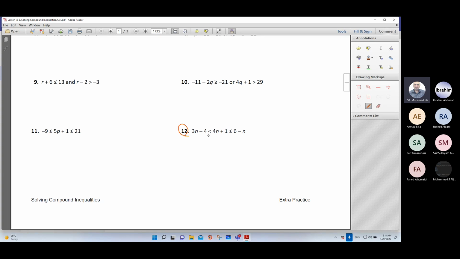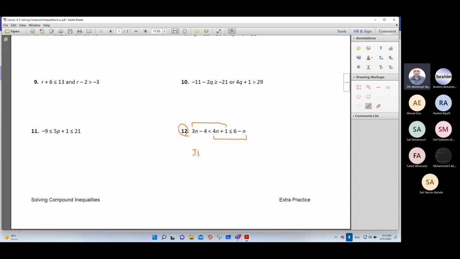Here we have compound inequalities. The first step, we want to separate this inequality into two inequalities. We can take this as the first part here, and this as the second part. So we can write 3n minus 4 less than 4n plus 1.